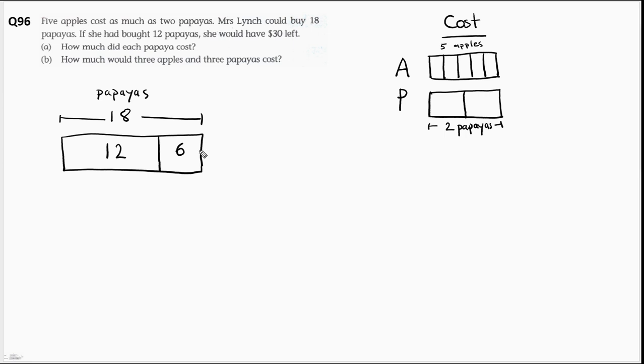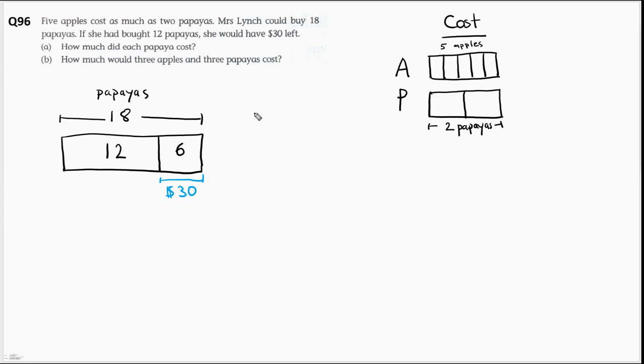All right. Now, when she only buys 12 papayas, it says she would have $30 left. So we can give this part a value. And this is worth $30. So 6 papayas costs $30.